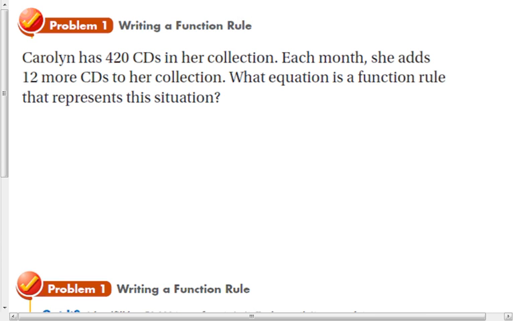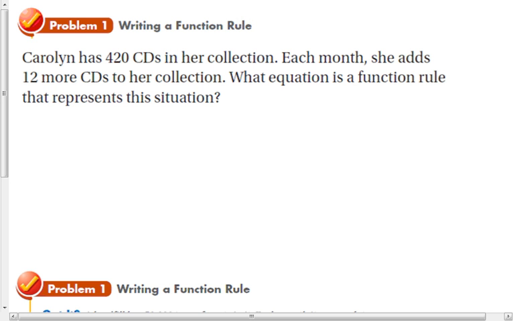All right, the first function rule we're going to write is for this deal where Carolyn has 420 CDs in her collection. Each month she adds 12 more CDs to her collection. What equation is a function rule that represents this situation? So I'm going to use function notation also when I do this so we can start to get used to that. The number of CDs she has is a function of the number of months.